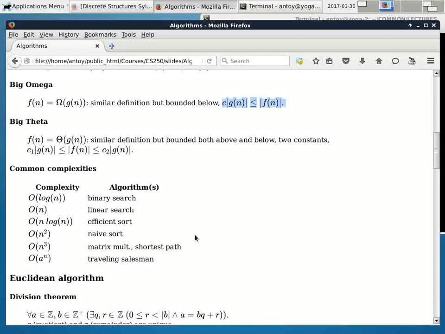because it's this one. Linear search. You have an array, the array is not sorted, and you want to find whether an element is there. The running time is the size of the array. If you double the array, you double the time. If you multiply by 10 the array, you multiply by 10 the time. Sorting. There are different kinds of sorting.